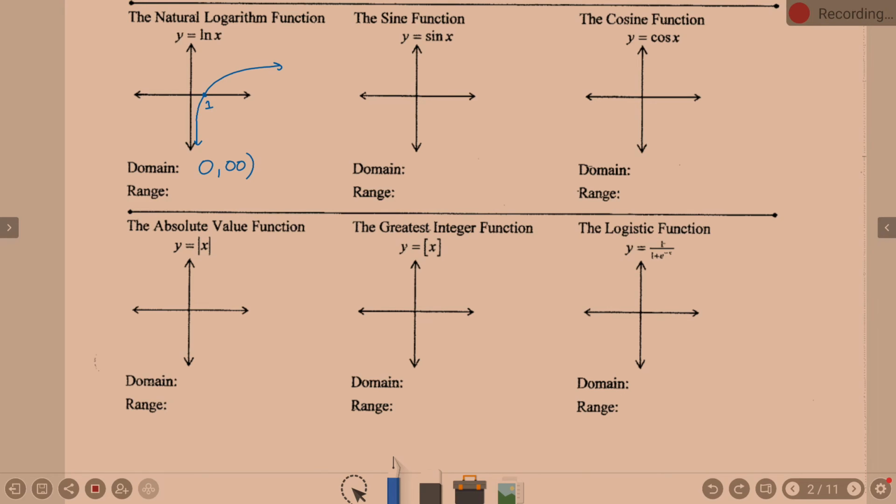Since it was an asymptote, we're never going to cross 0, so we're going to use a parenthesis. Range. How low does this go? My graph, and this is where you have to look at my graph, don't you? You have to know better. You have to be smarter than the calculator. This is going to go down to negative infinity. How high does my graph go? Positive infinity, yes? Okay.